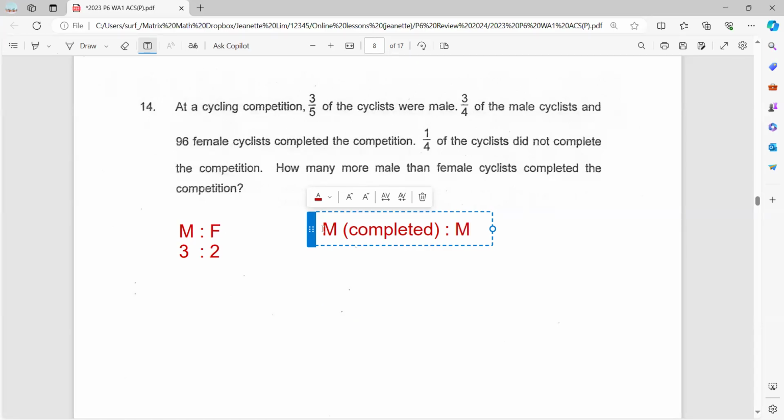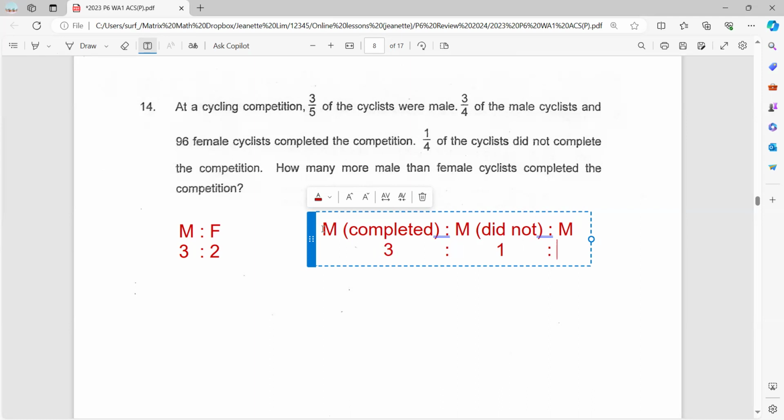So male that completed is 3, because it's 3/4, and those that did not is 1, because it's 1/4, and the total males will be 4 units.